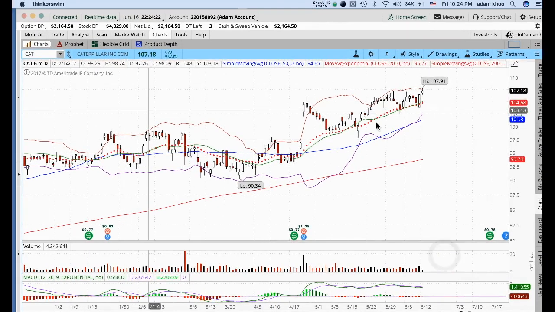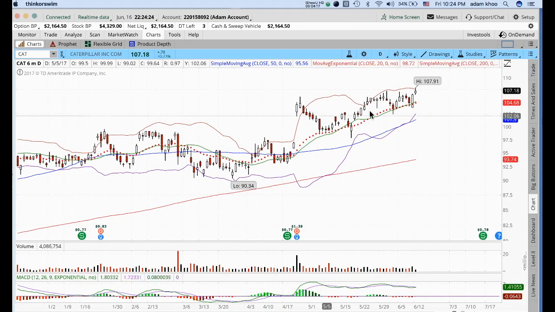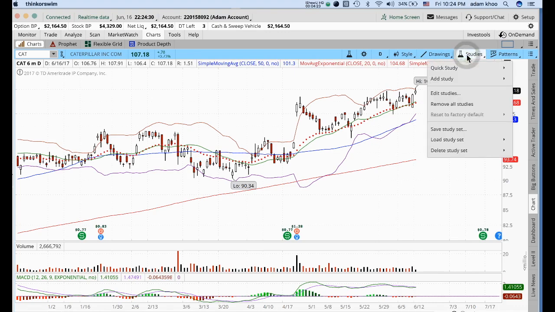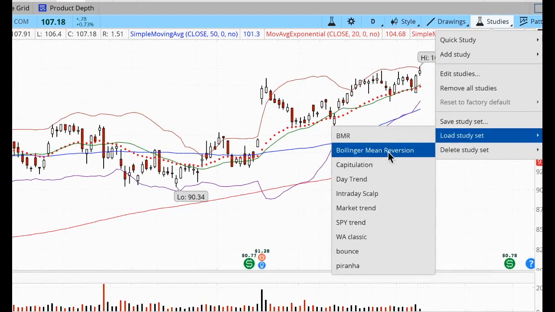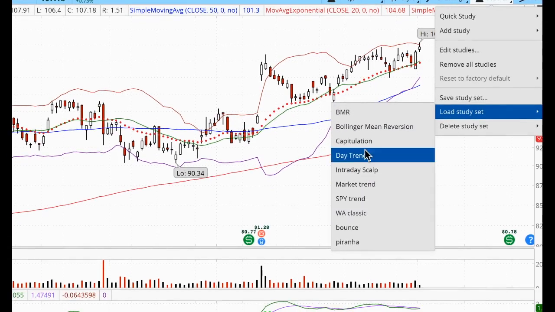So there we have all the indicators. If you want to call up this particular strategy, just go to Studies and Load Study. There we are, Bollinger Mean Reversion, what we put in. Every time you create a new set of strategies based on indicators, it would appear over here.